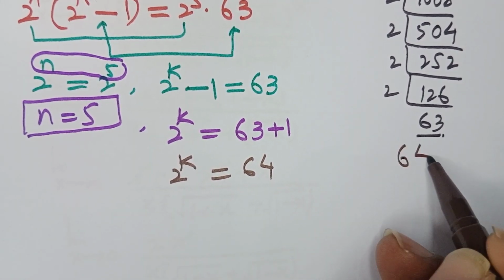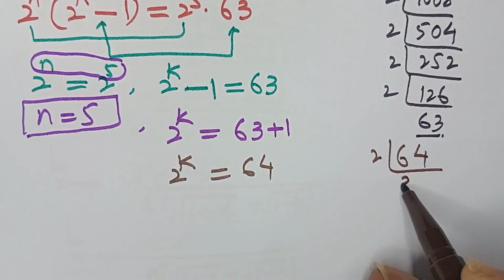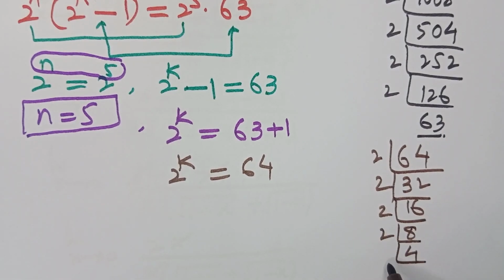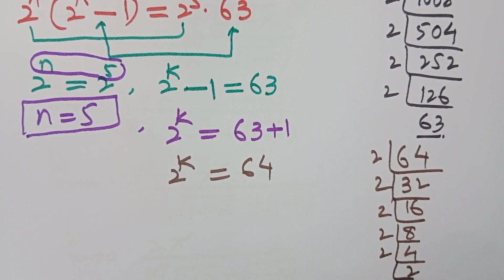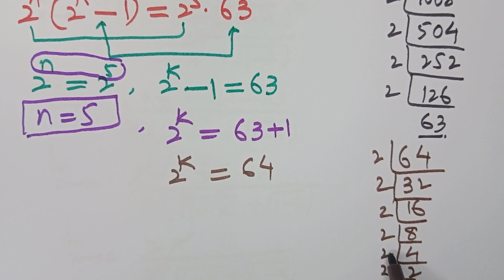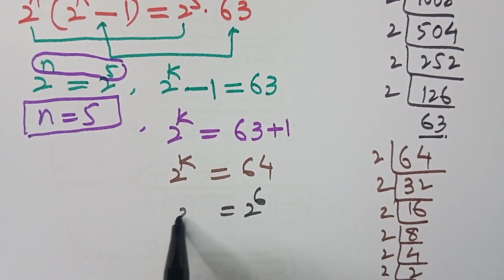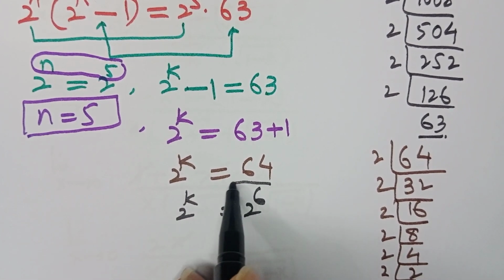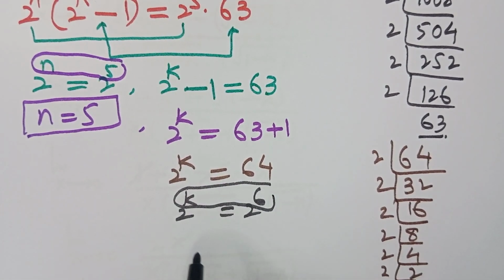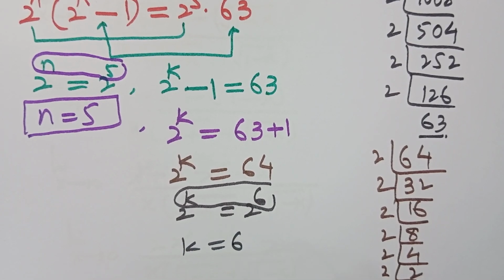Now similarly factorize 64. 1, 2, 3, 4, 5, 6. Same bases, powers add. So here 2 power 6 is equal to 2 power k. Same bases, powers equal. So here k is equal to 6.